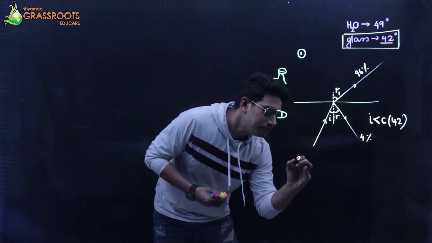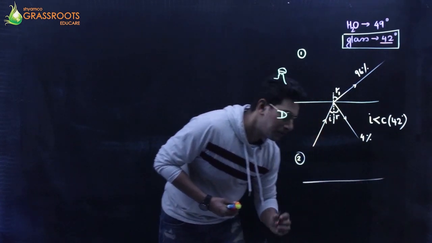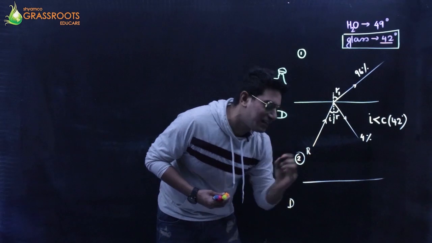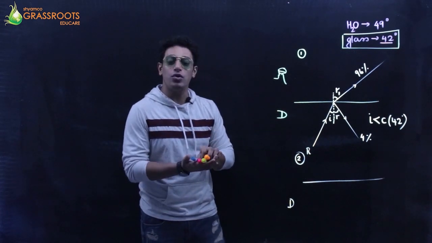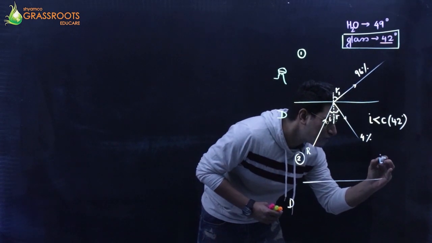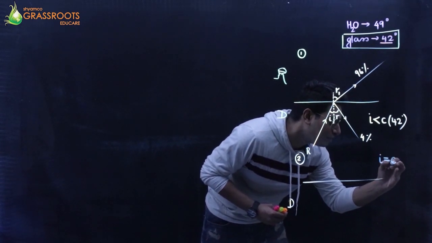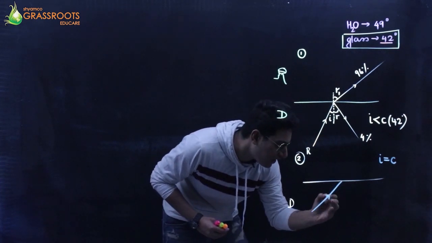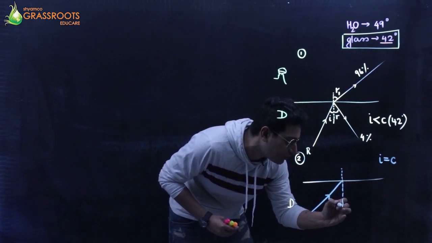Case number 2. Again, we have a denser medium from which the ray of light comes and enters into a rarer medium. Now, in the second case, the angle of incidence is equal to the critical angle. They both are equal. So I make a ray of light incident at 42 degrees.